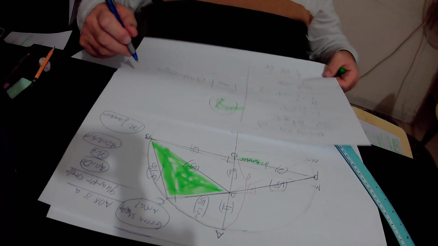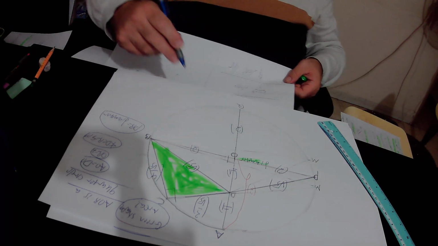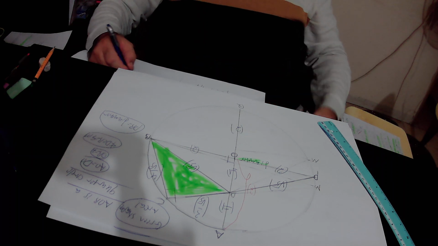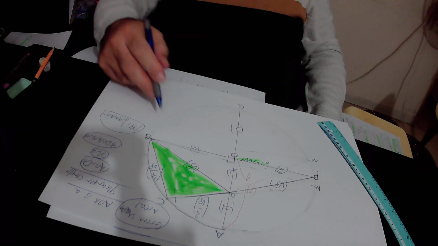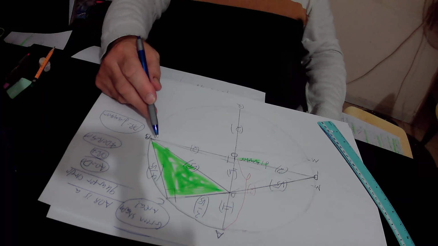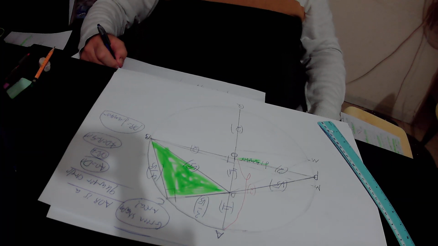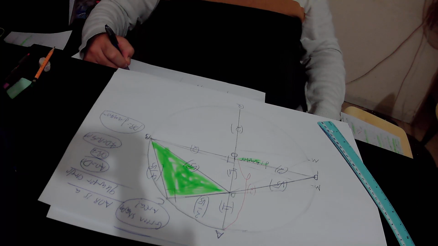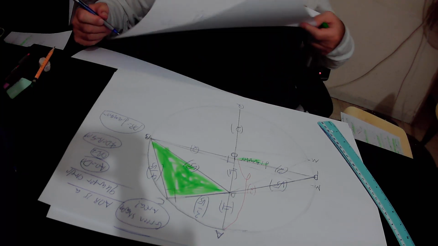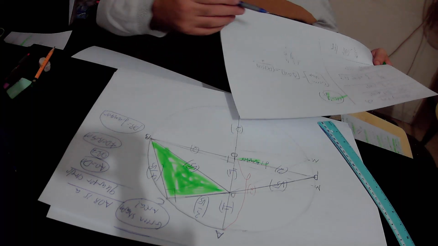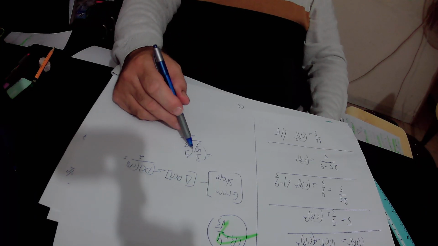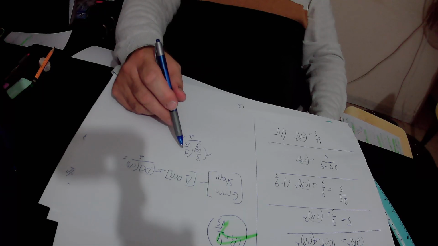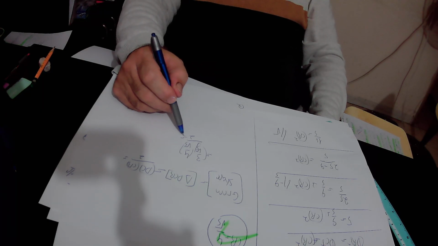So DC is 3 over square root of 5 times CB. CB is 4 over square root of 5 divided by 2. So in total, the area of this green shape, that is the area that we're looking for in this question, equals 3 over square root of 5 times 4 over square root of 5 divided by 2.